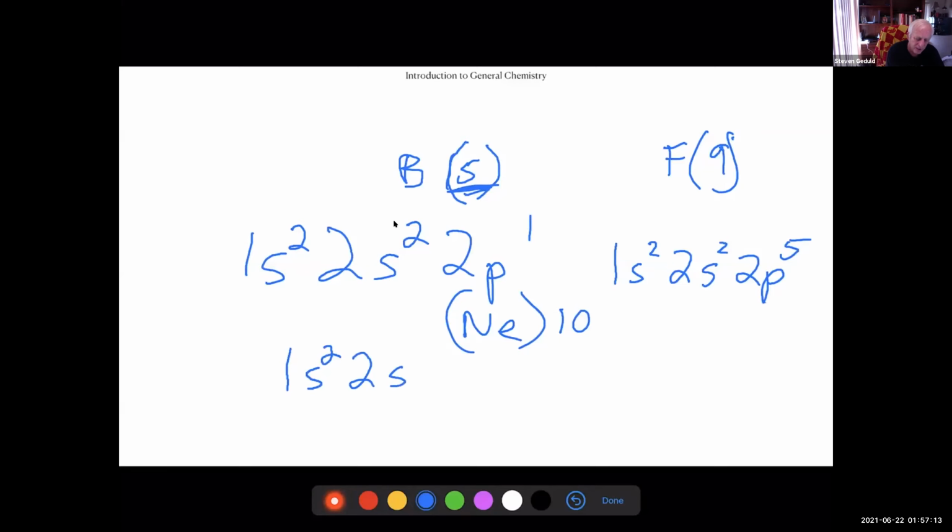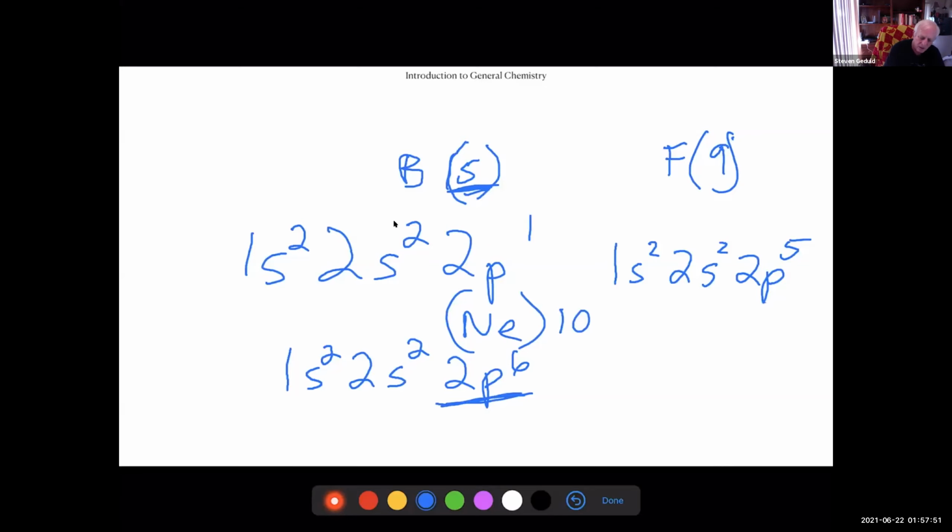Then 2s2, again, just go across the rows of the periodic table, along with the numbers. That fills your s's, that fills that column. Then you go to 2p6, because you count your electrons from boron: 1, 2, 3, 4, 5, 6 in the p levels. That's a noble gas. This fills your valence electrons, so it's stable. Whenever you fill that, that's stable. It gives you noble gas form.